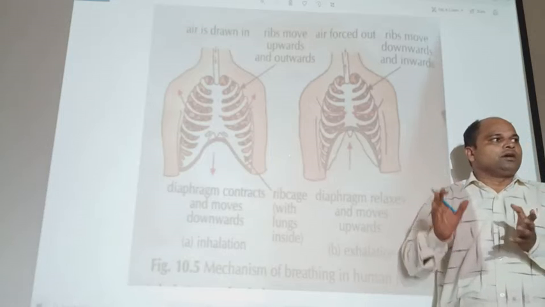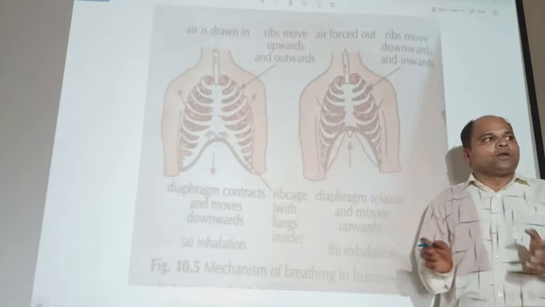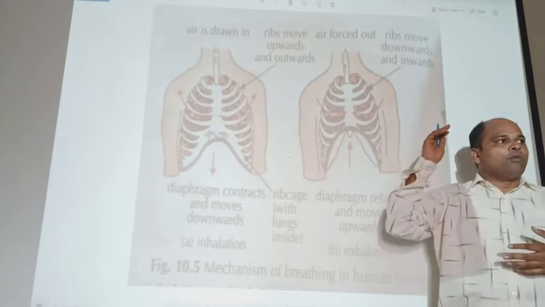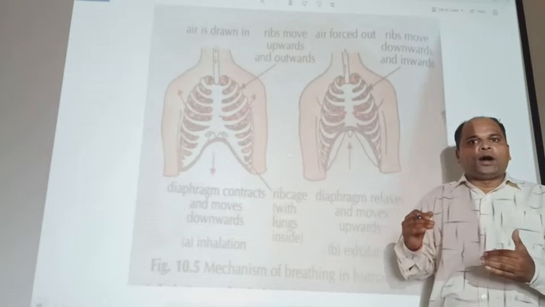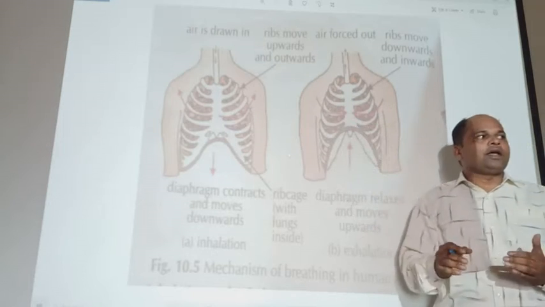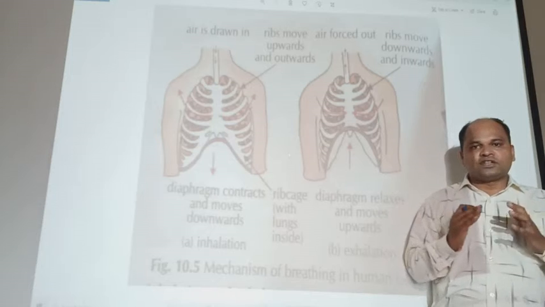So the downward and inward movement of the ribs and the upward movement of the diaphragm decrease the space in the chest.